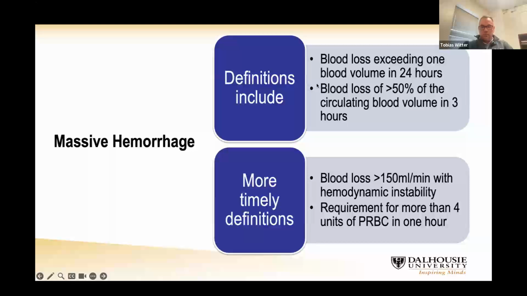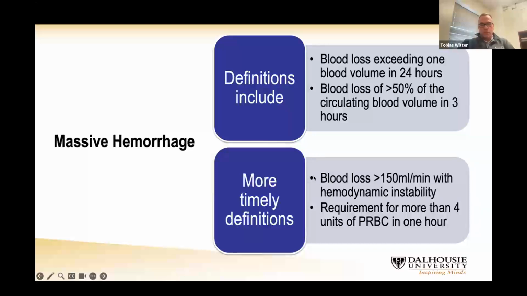Practically, that's not really super helpful because we want to know now if this patient is actually at risk or is actually bleeding. The other one is blood loss over 50% in 3 hours, which is also not really very helpful because, again, we don't want to wait 3 hours, then estimate what the patient's blood volume is, and then see what's on the floor and what's in the sponges and whatever else, and then calculate that.